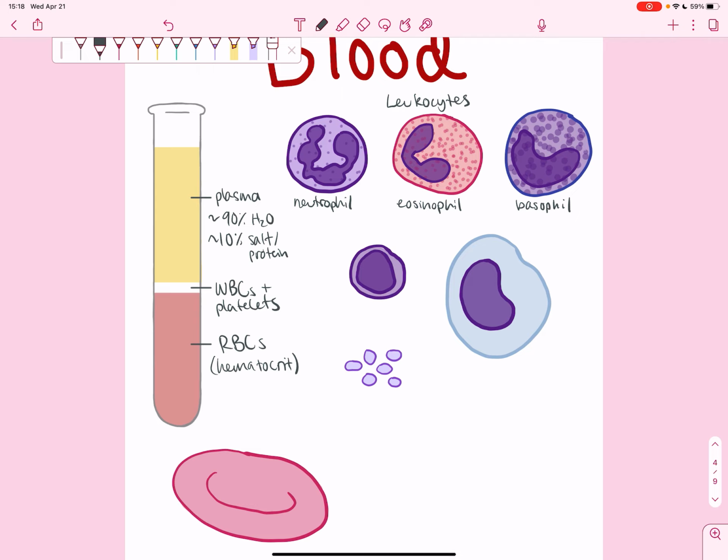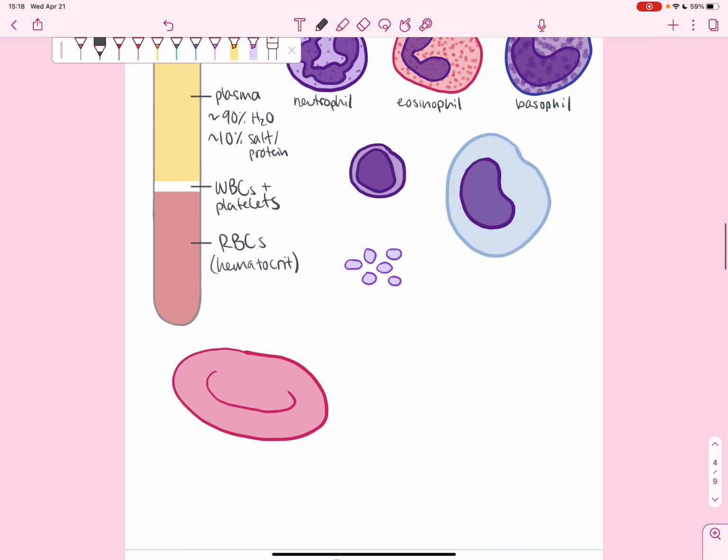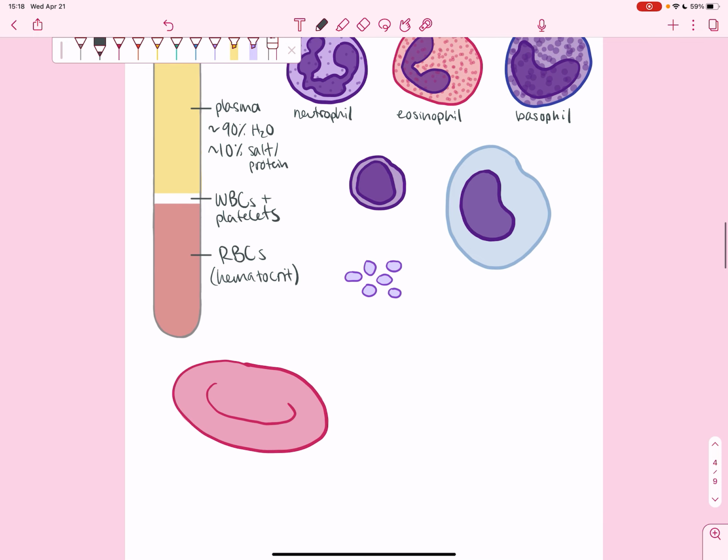So those are the granulocytes, and I don't think you'll have to know how to distinguish between neutrophil, eosinophil, and basophil, but you should have a general idea that these are the granulocytes. Then agranulocytes, I have a lymphocyte here, and this big guy is a monocyte.